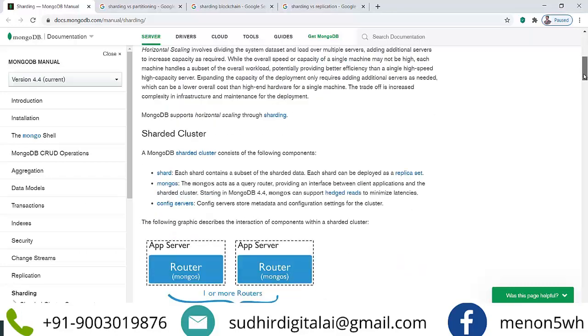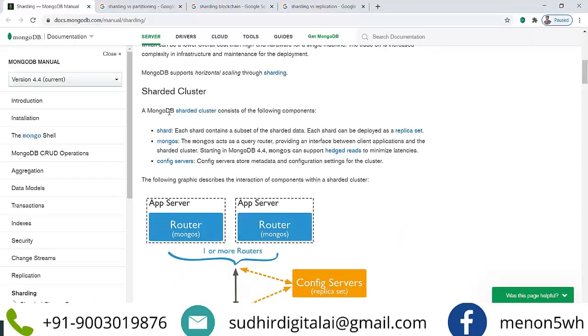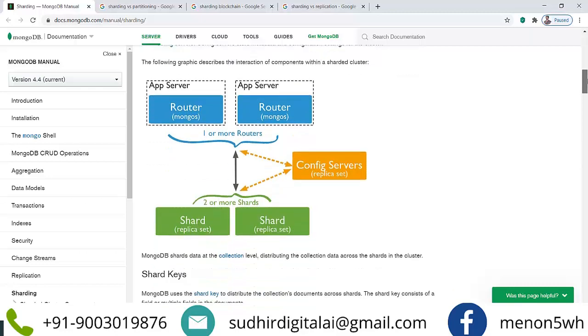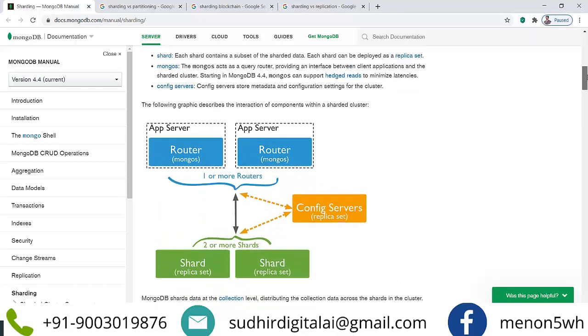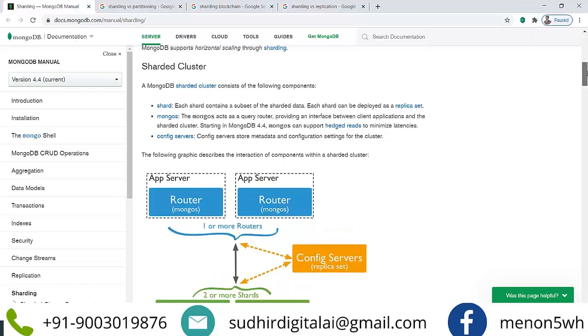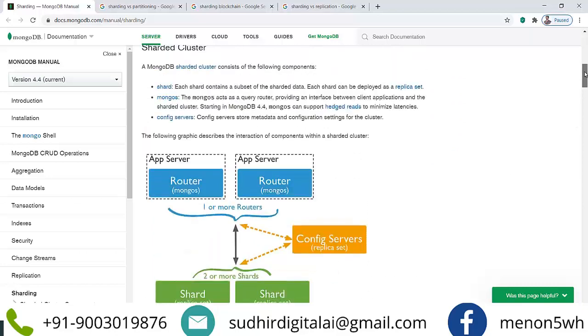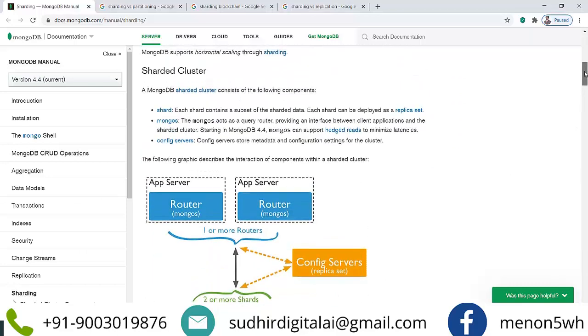So there is a shard cluster. You can see here a MongoDB sharded cluster consists of the following components: shards, mongos, and config servers. So what is a shard? Each shard contains a subset of the sharded data, and each can be deployed as a replica set.